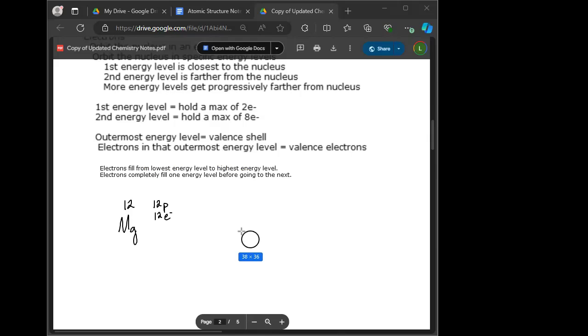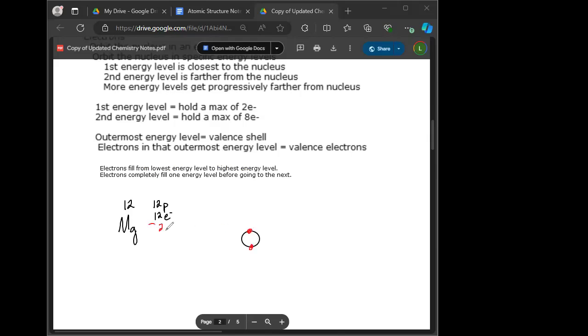So the first energy level can only hold a maximum of 2. It's almost like there's only a maximum of 2 chairs on the first energy level. So only 2 electrons can sit here.